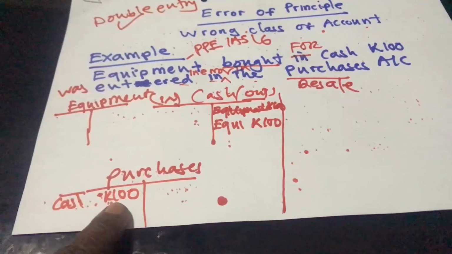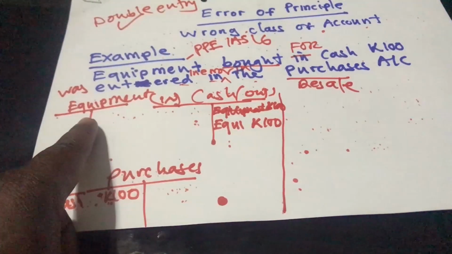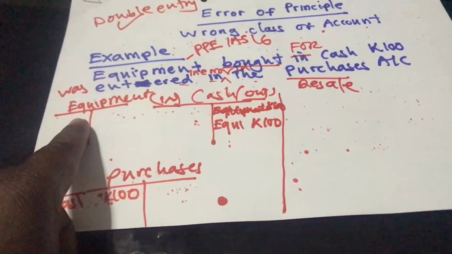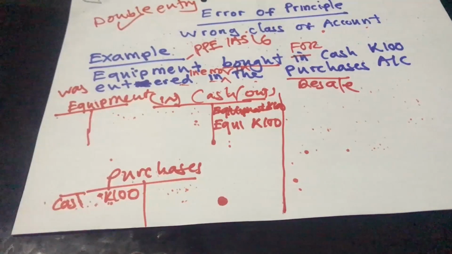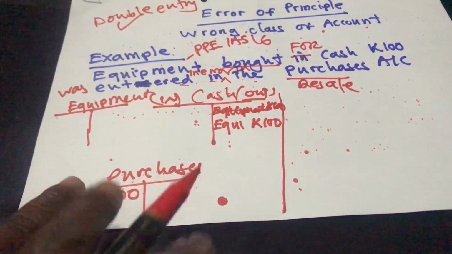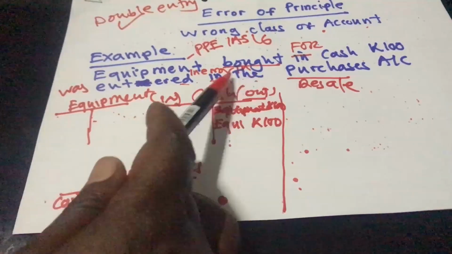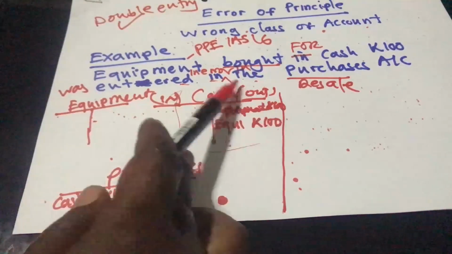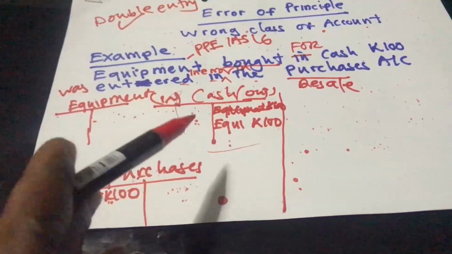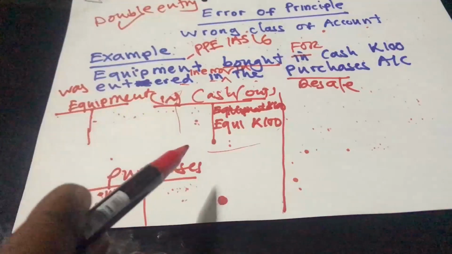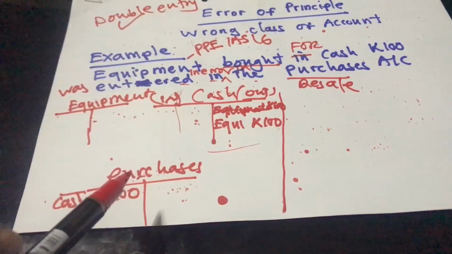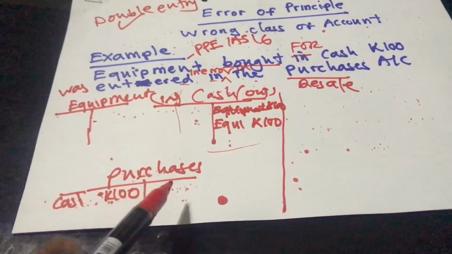So this is where the error is. The equipment was not recorded. So the two accounts which we need to correct are the purchases and the equipment, because the cash is okay. We already recorded it. So if you see these types of errors, that's why we say they don't affect the trial balance, because the double entry was passed.